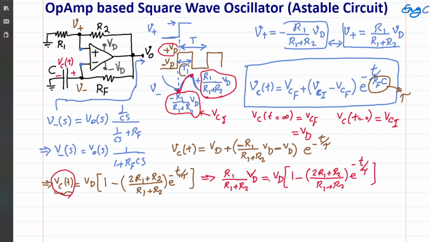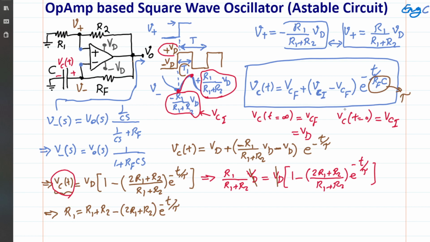Okay, so we do a couple of simplifications quickly here, and VD cancels out with this VD, and then if you multiply both sides by the denominator, which is R1 plus R2, what you get is this outcome. You would get R1 is equal to R1 plus R2, and then minus 2 times R1 plus R2 times e to the negative t over tau.